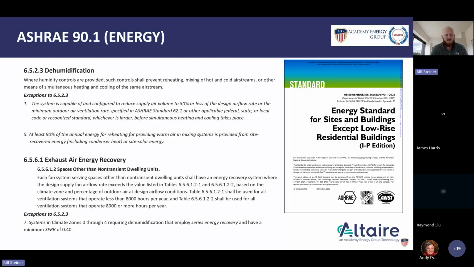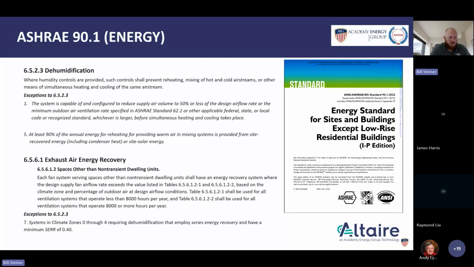Additionally, exception 5 also allows for you to do this if you're using at least 90% site recovered energy to provide that reheat. So again, if you remember back to us discussing the desaturation coil, 100% of that energy for the reheat is provided through waterside energy recovery, and it is fully compliant with 90.1 in that regard. So we meet both those exceptions.